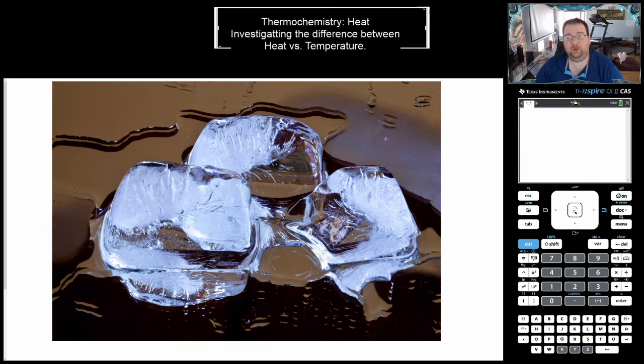And so this table or whatever countertop it's sitting on is going to be absorbing radiation energy, and then via conduction it's going to be transferring that energy into the ice cubes, causing them to melt. So there's 2 forces at play here causing these to melt. The first one, radiation energy, and the second one, conduction.